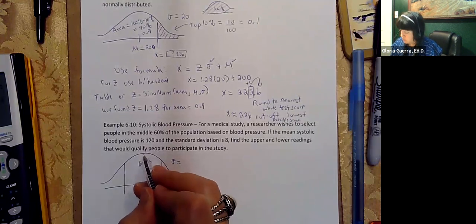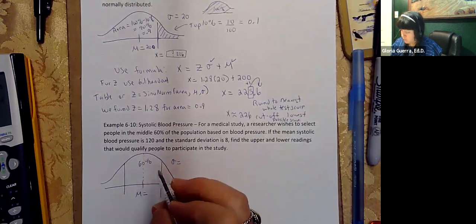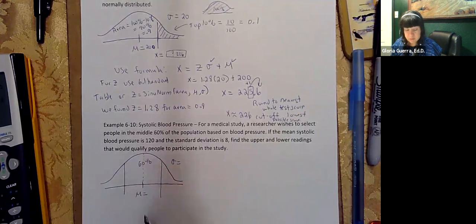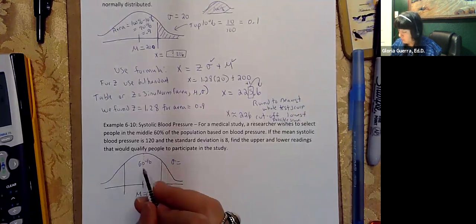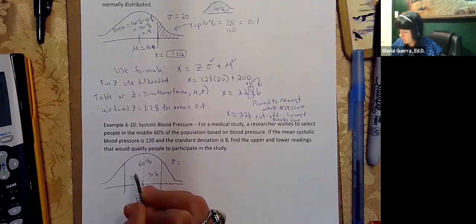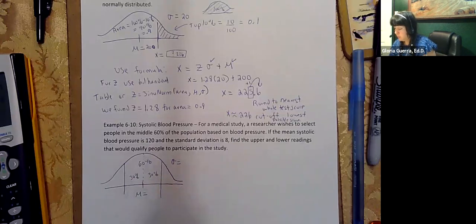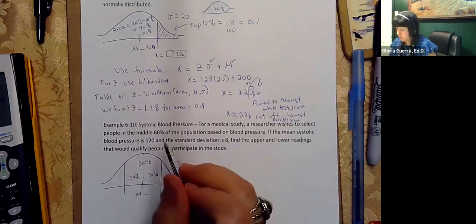And there's symmetry here. So we're looking at this 60%. If this is 60%, this is symmetry, so this is 30 and 30. Middle 60% of the population based on blood pressure. And so the keyword is middle.